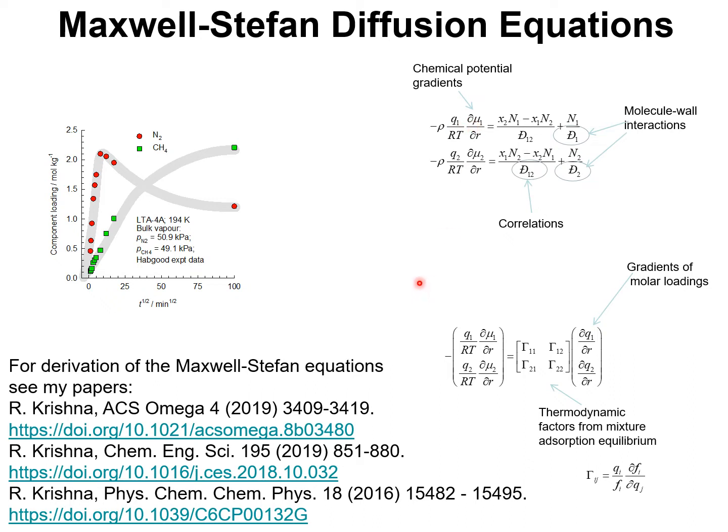For a binary mixture, the Maxwell-Stefan equations can be written in this manner, in which the chemical potential gradients are related to the fluxes N1 and N2 of components 1 and 2. We define three types of Maxwell-Stefan diffusivities.